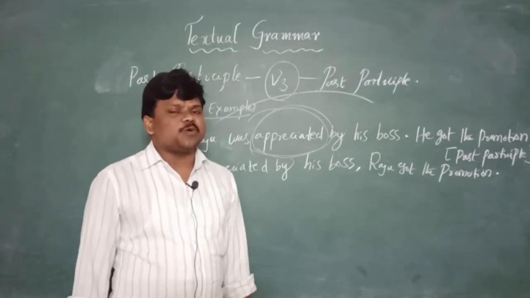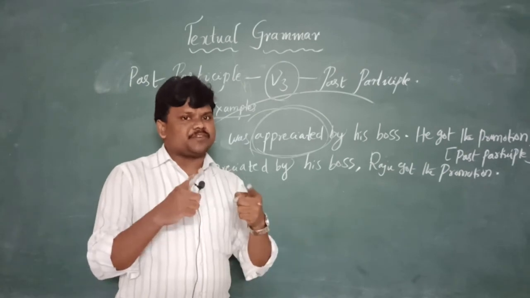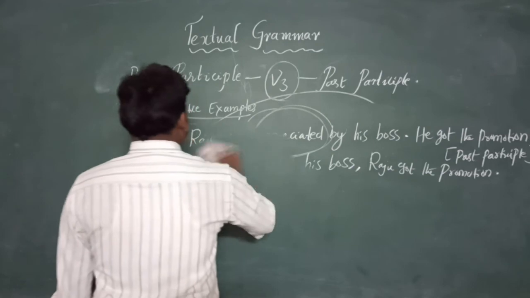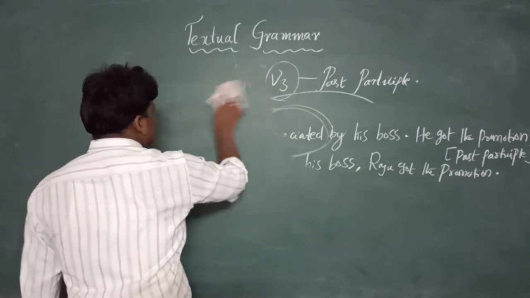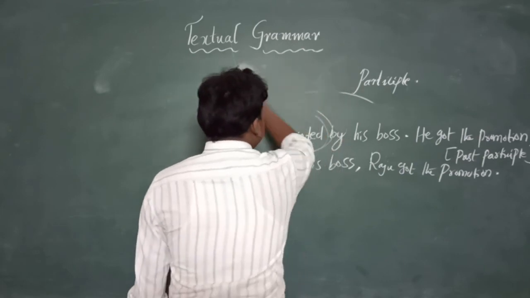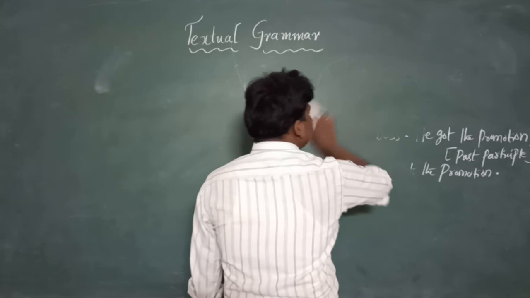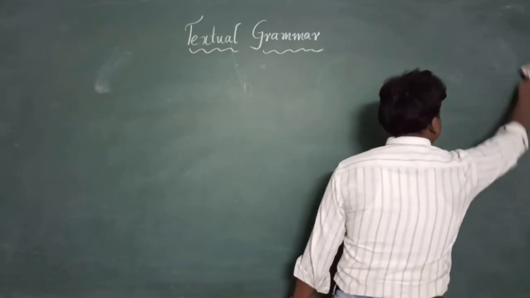Let's get into the last one, the perfect participle. How do we combine two sentences with a perfect participle? Let's get into one more interesting thing in participles. We have successfully completed the present participle and past participle.